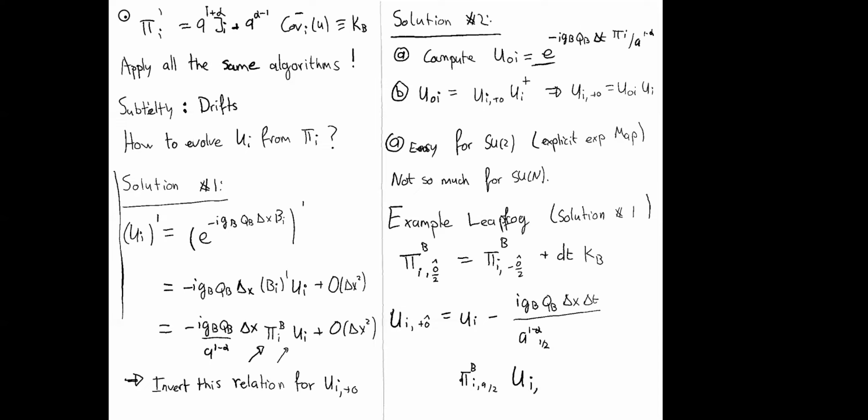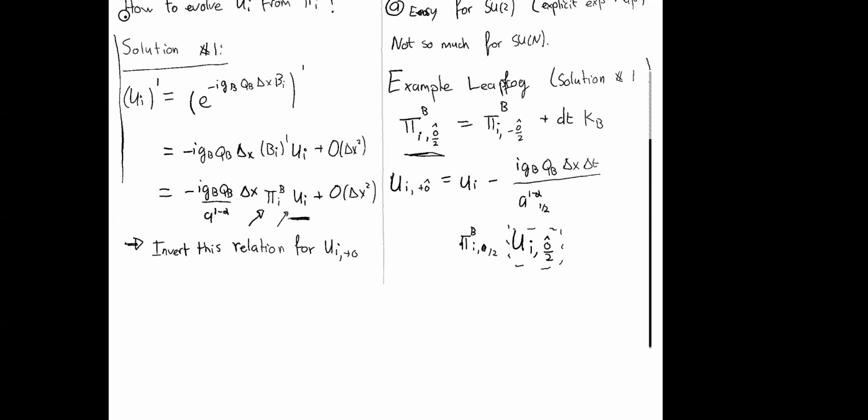So the subtlety when you do this drift is that you need to evaluate this pi I at time a half that you just computed here, but this expression is multiplied by a link that is also evolved at time dt over 2. The problem is that you don't know what this link is a priori, because the link in leapfrog lives at integer time.